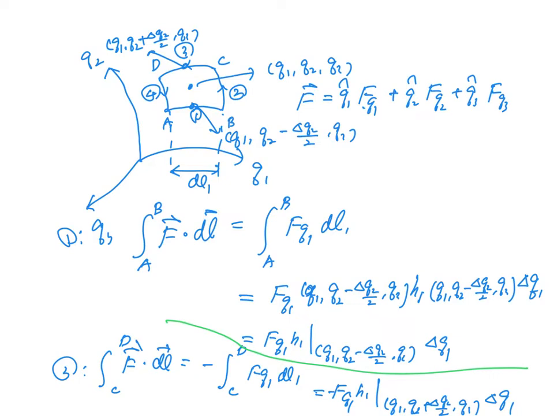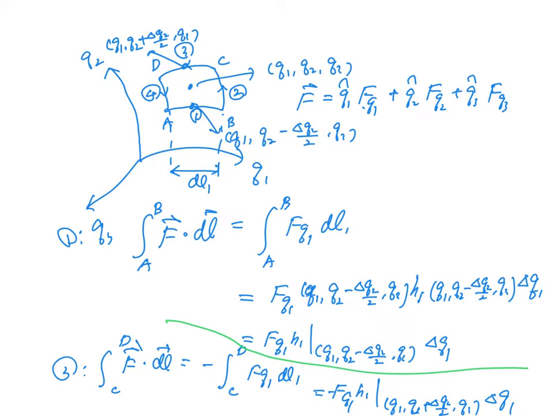So now, because I cannot copy and paste, I have to memorize. 1 is evaluated at q2 minus this, and 3 has a minus sign but is evaluated at the plus. So, new page, 2 slides back.